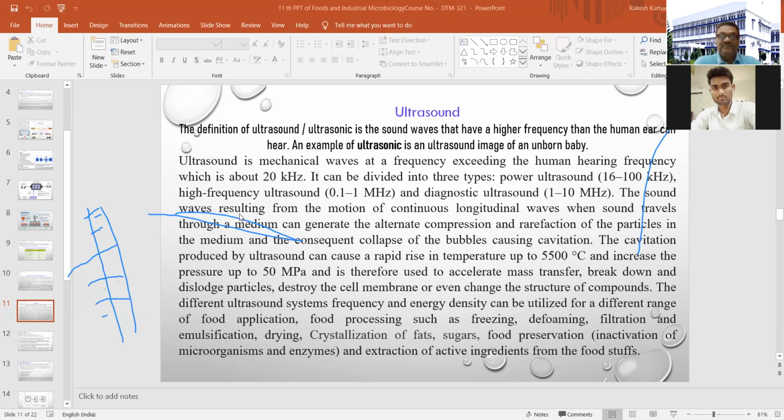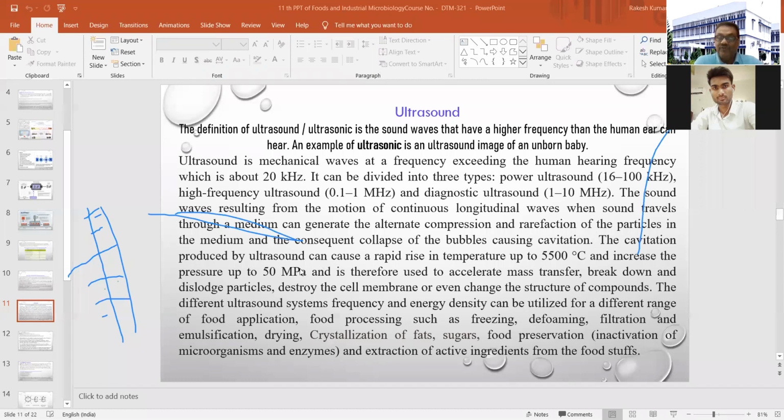The sound waves resulting from the motion of continuous longitudinal waves, when sound travels through a medium, can generate alternate compression and rarefaction of the particles in the medium and consequent collapse of the bubble, causing cavitation. So just by creating this sound wave, you can inactivate the microbes present in the system.